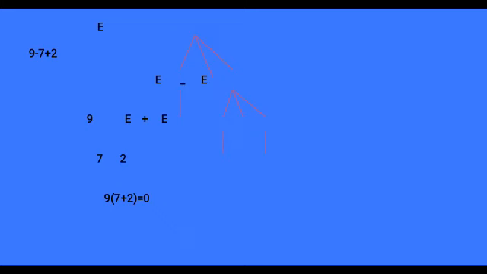Leave plus as it is and the next right side E is connected to 2. Now the result is 9 minus 7 plus 2. Now 9 minus, after that parenthesis open, 7 plus 2. The result is 0. Here minus is missed.